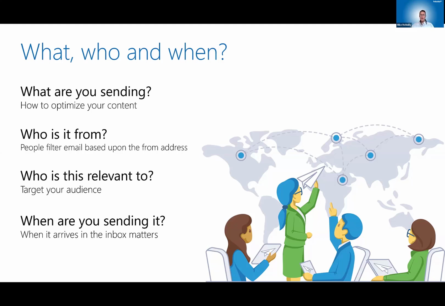Who's it from? Is this even relevant to me? And then the other question to consider is, when am I receiving this? So when is this being sent? And those all matter. So we're going to dig into how to capitalize on these priorities and how people are filtering information.